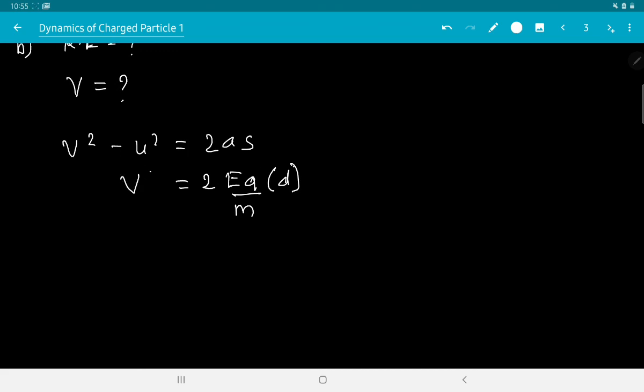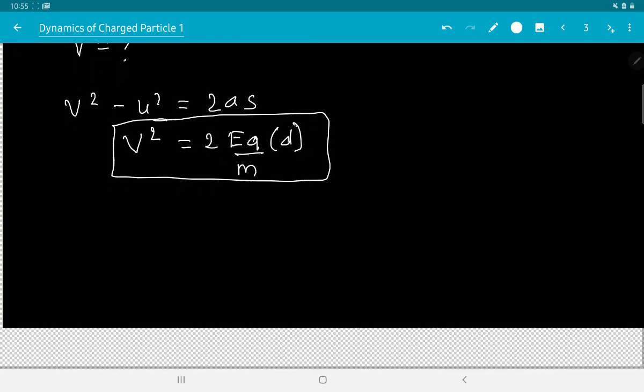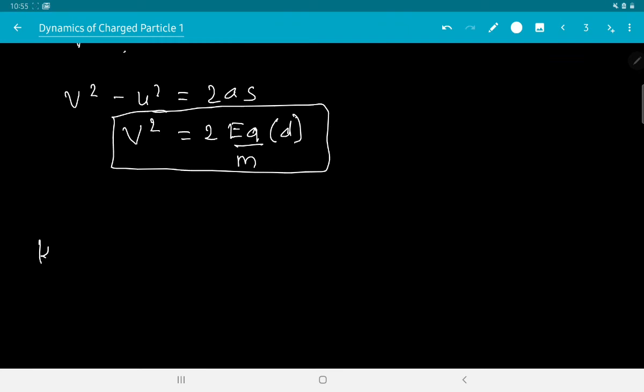U is 0, so we will get v square is equal to 2EQd divided by m. Let us keep this equation as it is, because we want the equation for kinetic energy. We know that kinetic energy is equal to 1 half mv square.